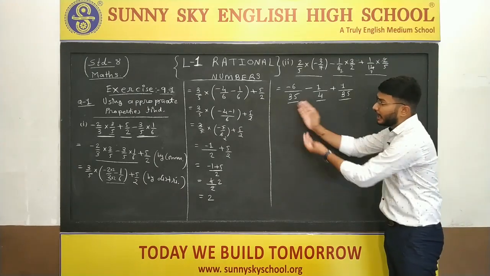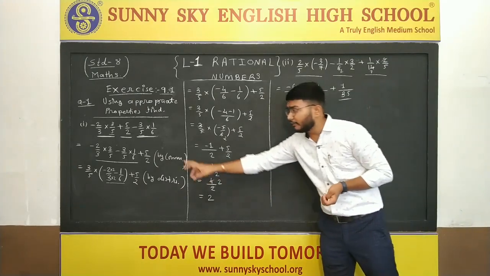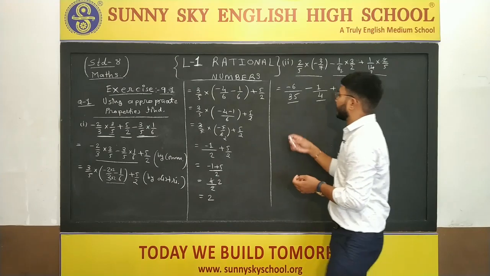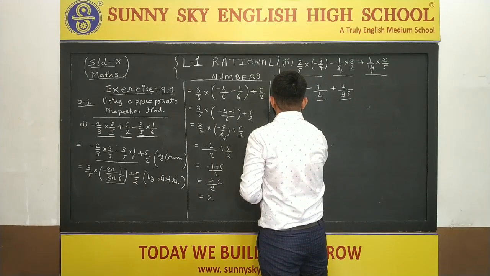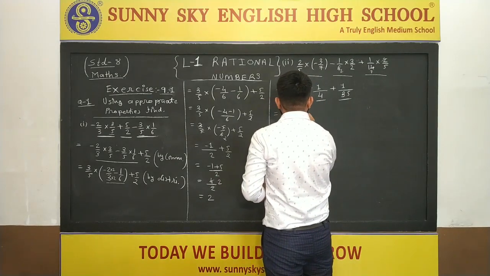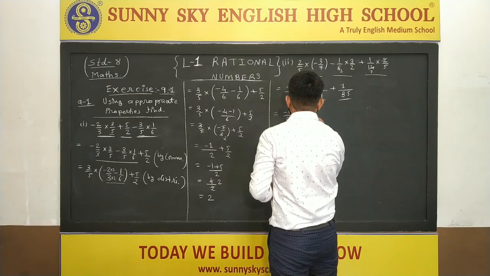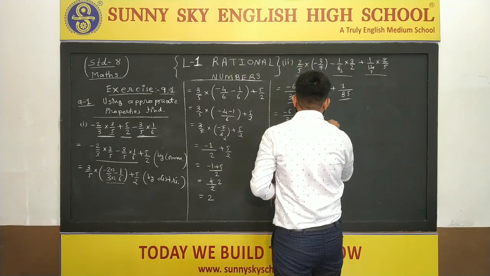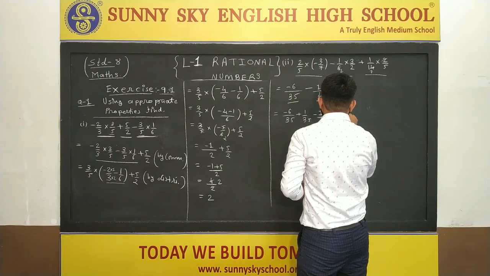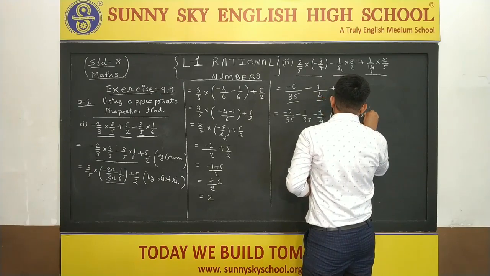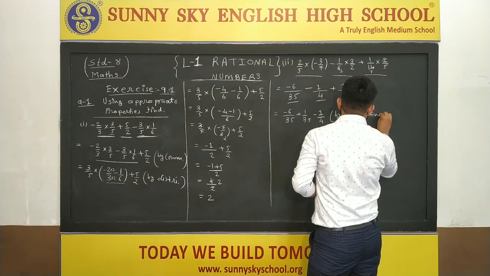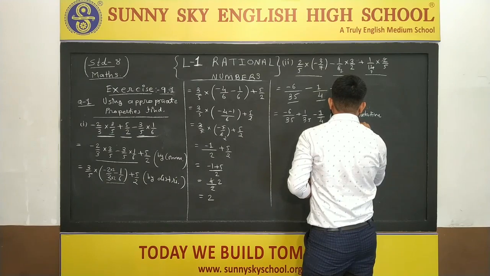Therefore first we arrange them by using our commutative property. Therefore minus 6 by 35 plus 1 by 35 minus 1 by 4, by using the commutative property.